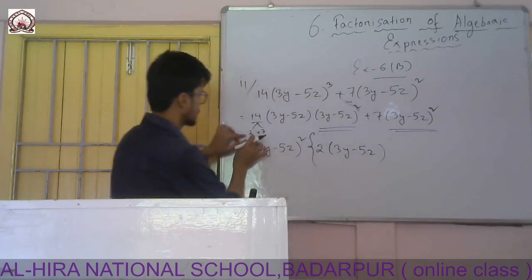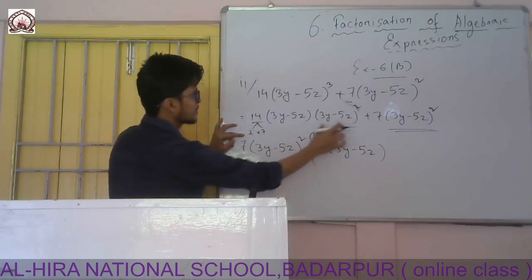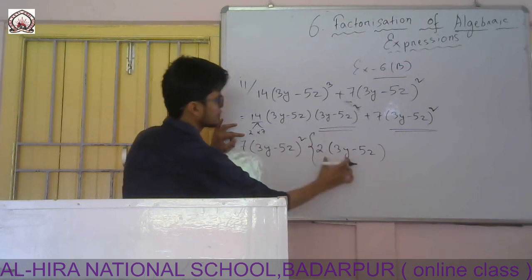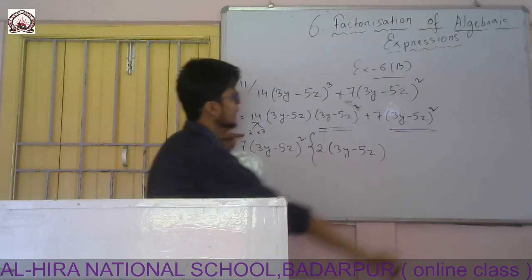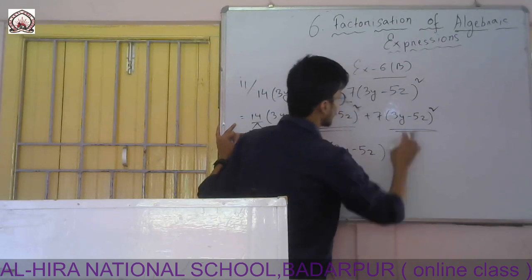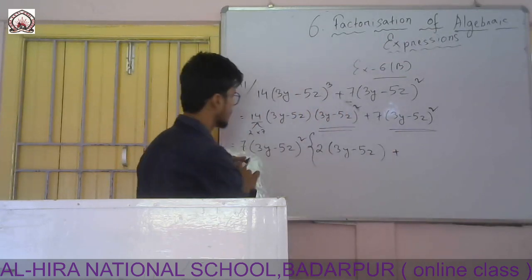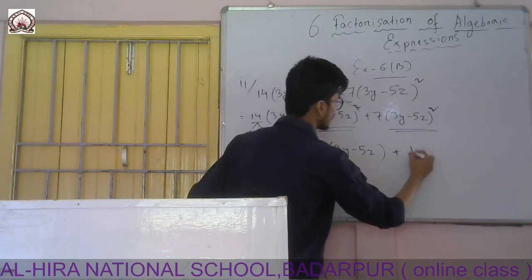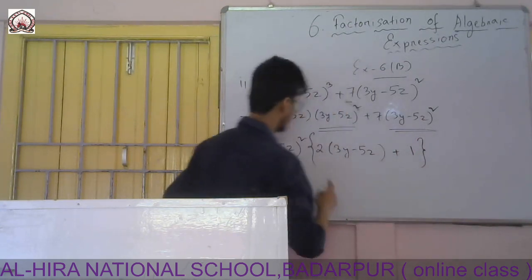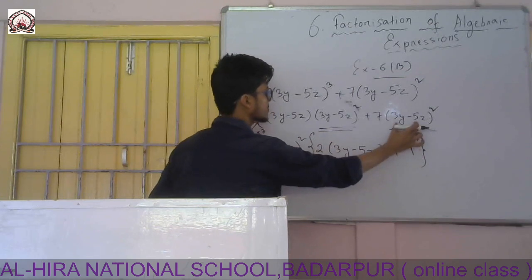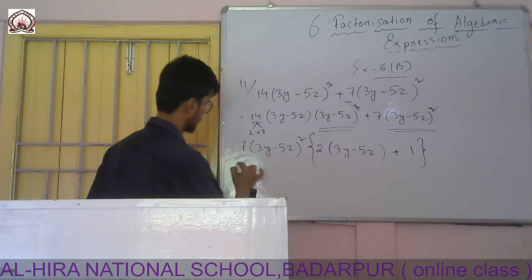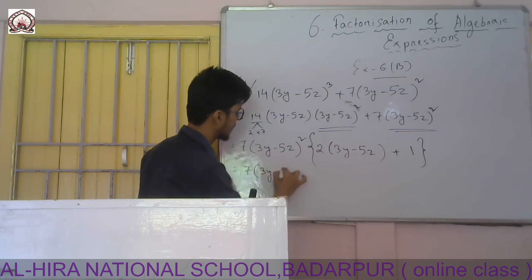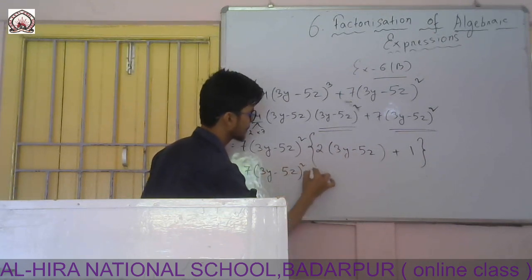So this part is left, you can see from here, 7 I have taken out, this one also I have taken out, only this 2 and this part left. So I wrote like this, 2 into this one, and in that case nothing left. 7 also I have taken, (3y minus 5z) square also I have taken, that means nothing, so I will put here 1. This 1 into 1 will be the same one. Now I will solve this part. 7 (3y minus 5z) square.